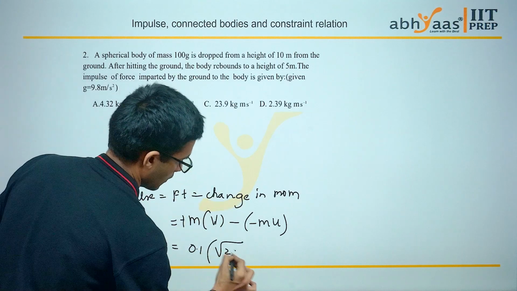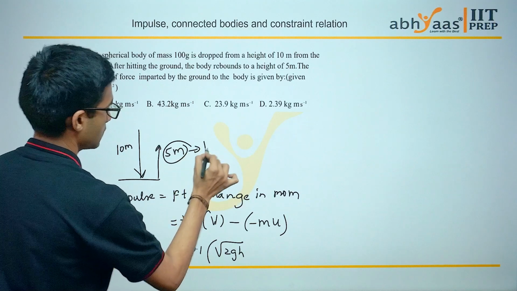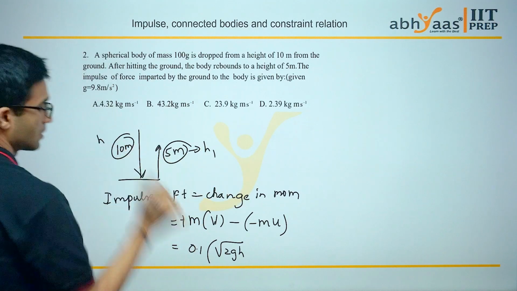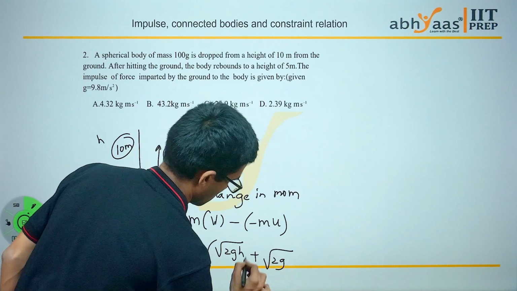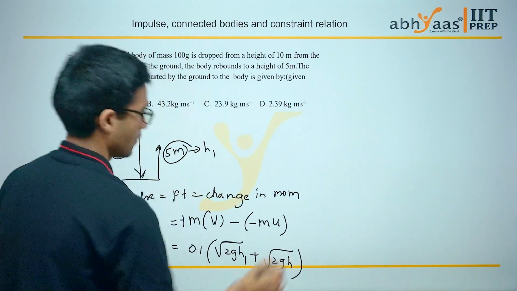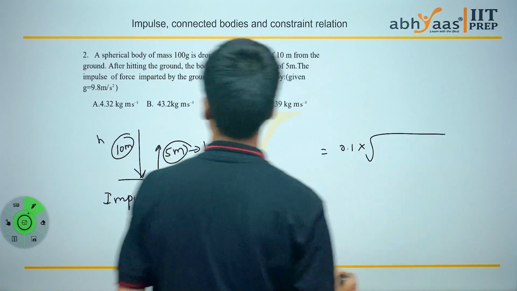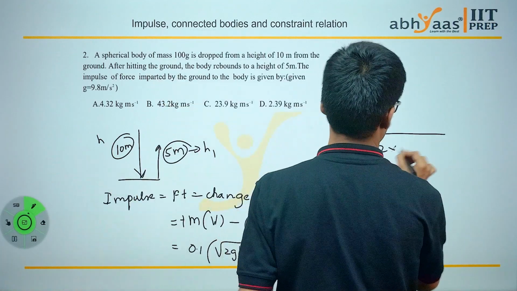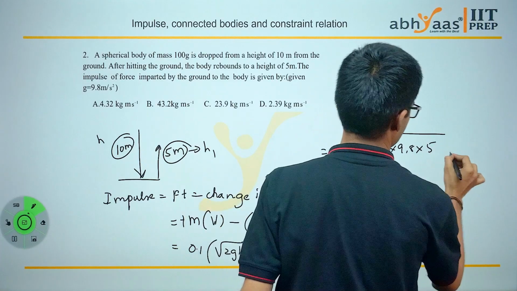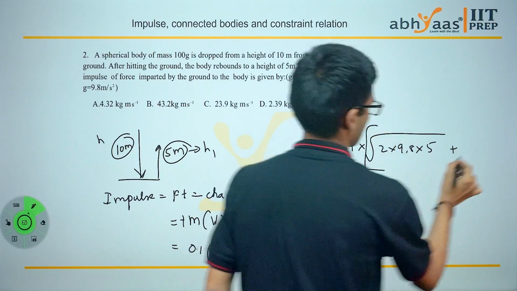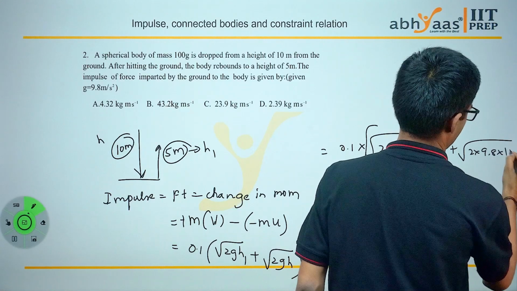If you take 2gh, h1 you can consider this one, h you can consider. Okay, plus root 2gh. So if you calculate, you will get 0.1 into root 2 into 9.8 into h1 is 5, plus root 2 into 9.8 into 10.